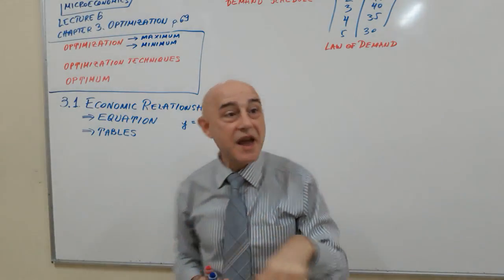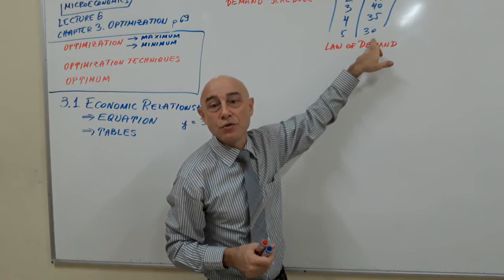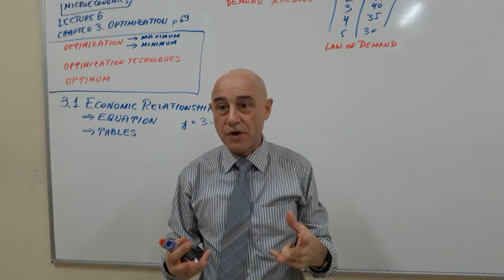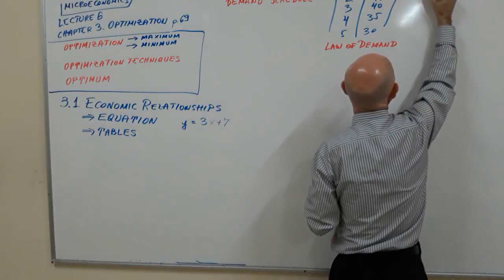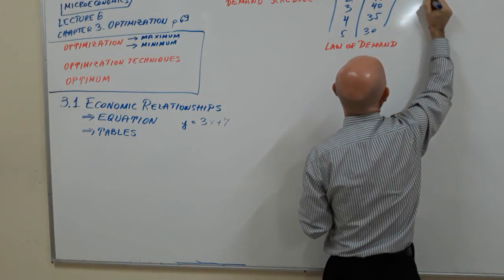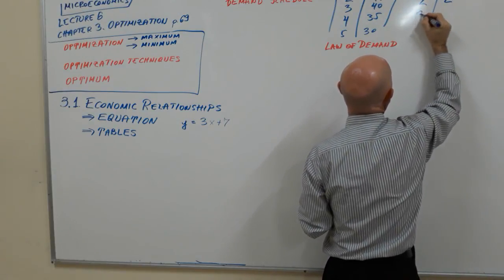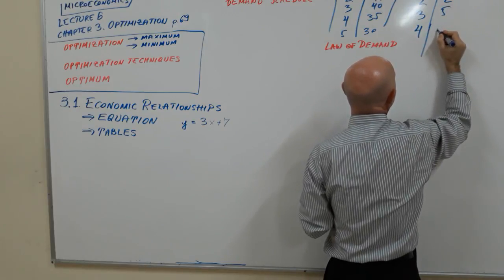Now, why saying if the price increases, quantity goes down is not correct, because here's the next part. Here the price increases: price 2, maybe 2. Price 3 becomes 5. Price 4 becomes 8.